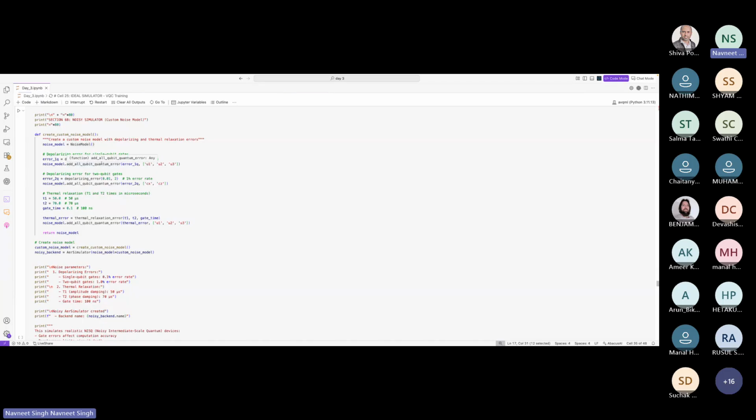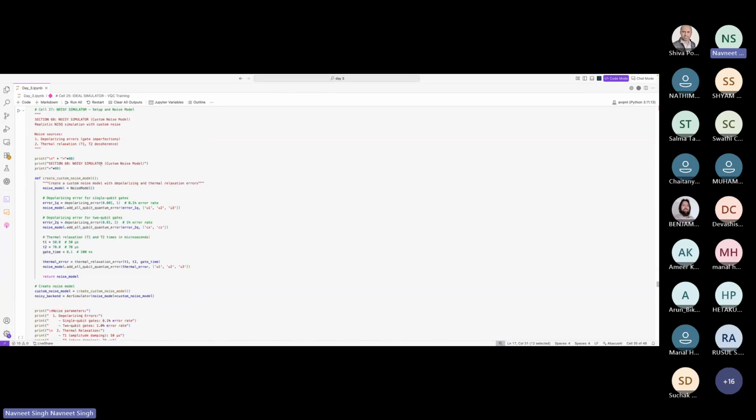Basically, I am defining the depolarizing noise. This means we are giving these values, saying that the single qubit has a 0.1% error rate, and this shows that our two qubit gate has a 1% error rate.